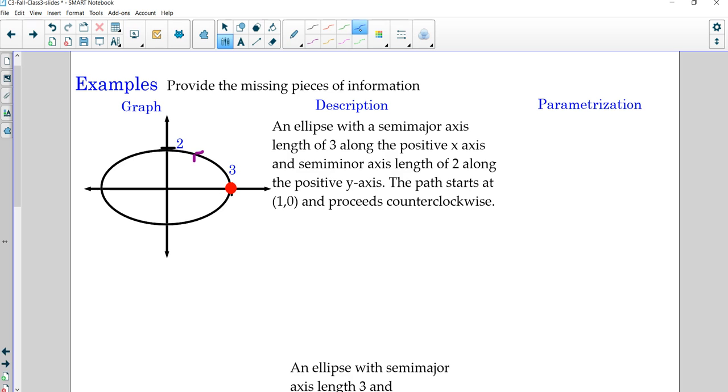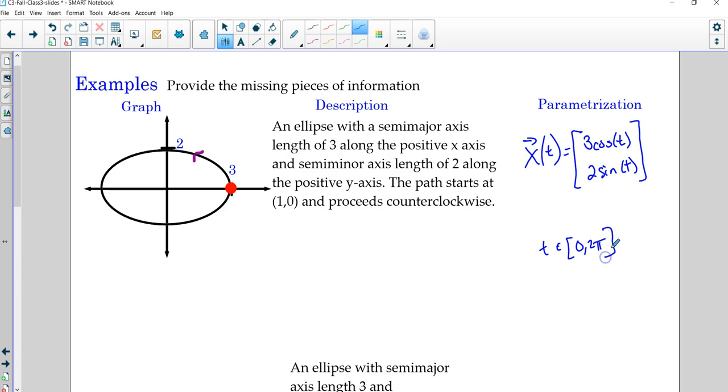All right, and the parameterization should be, we're going to have a vector x of t, and this should be 3 cosine of t, 2 sine of t, and I'll just say here that t is in the range of 0 to 2 pi.